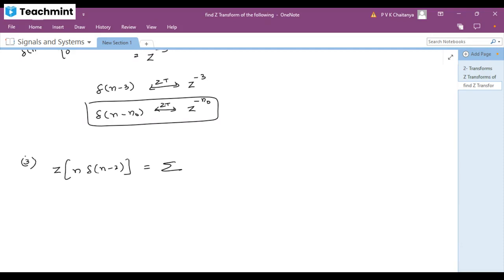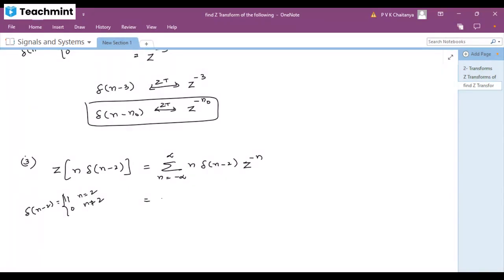So I'll be getting the sum over n equal to minus infinity to infinity of n into del of n minus 2 multiplied by z power minus n. So del will be equal to 1 only when n is equal to 2. So let me write del of n minus 2 is equal to 1 for n is equal to 2. For all other values of n, it is going to be 0.